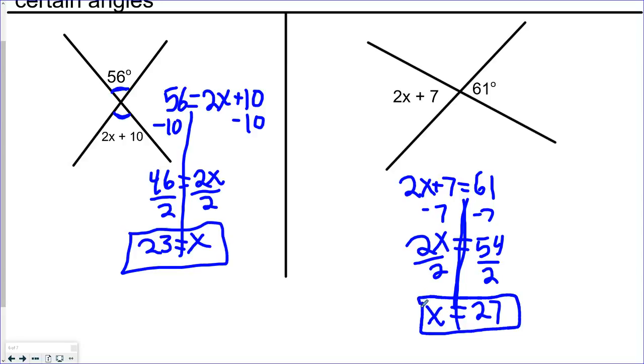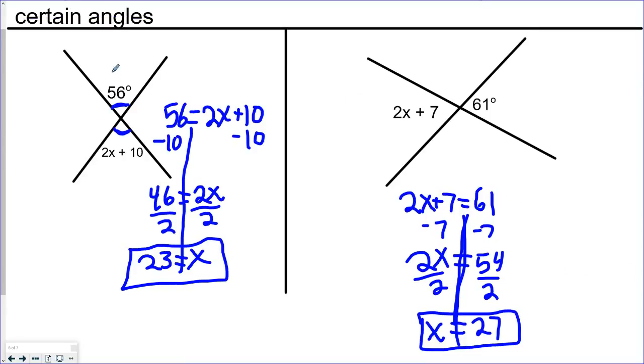So I've solved for x that way. So again, these first two problems revolve around the fact that vertical angles are always congruent. Therefore, I can just set up an equation between the angle I know and the angle I don't, and solve that new equation to get my missing variable there.